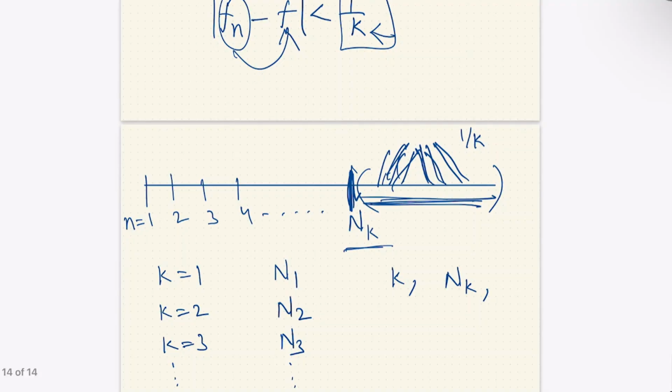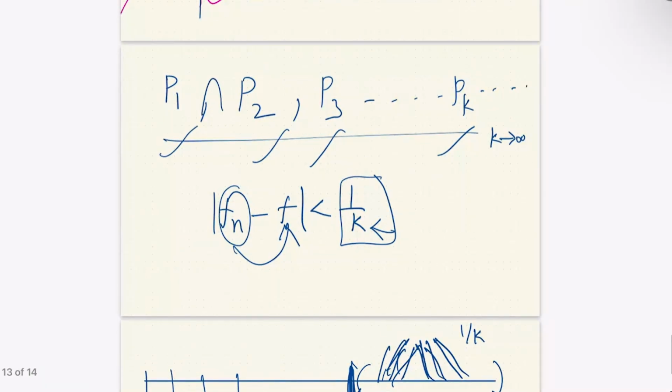And if I choose the intersection of all these things, that means the best fit, the best collection of the best domain I will get, where fn of x converges to f of x.